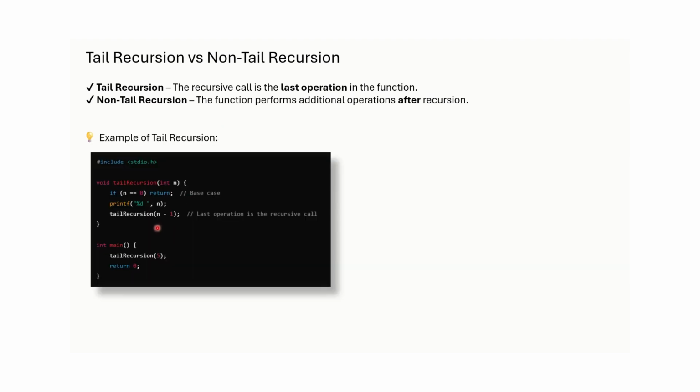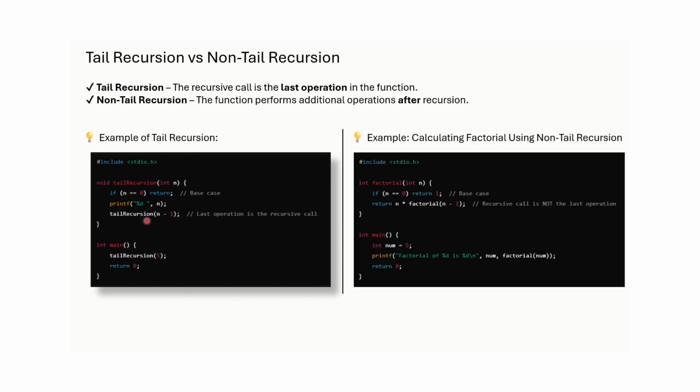So here you can see in tail recursion, this is the recursive call and it is the last operation in this function. But when it comes to non-tail recursion, this is the recursive call and this is not the last operation. After this it will be multiplied with n again. So that's why we call it non-tail recursion. Tail recursion is optimized better by compilers for performance.